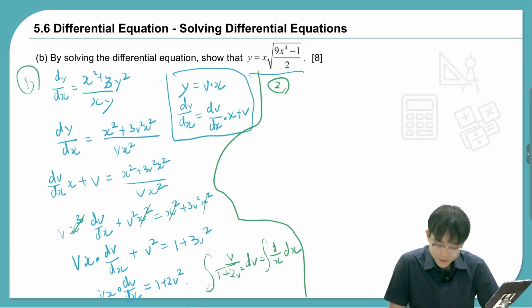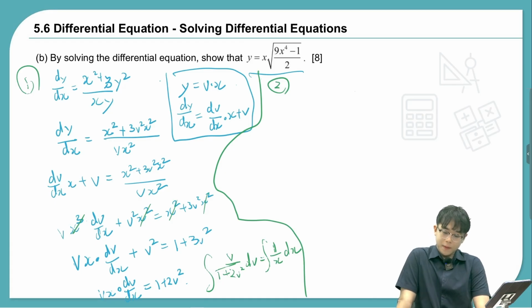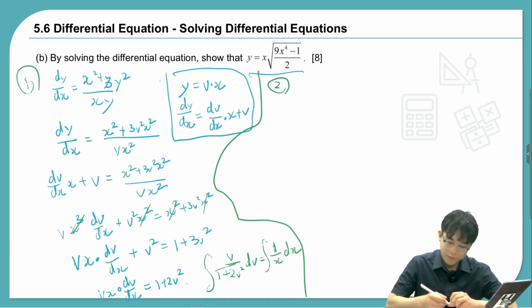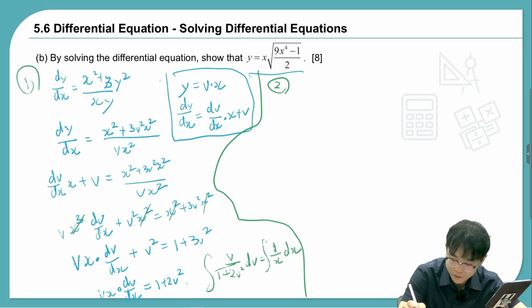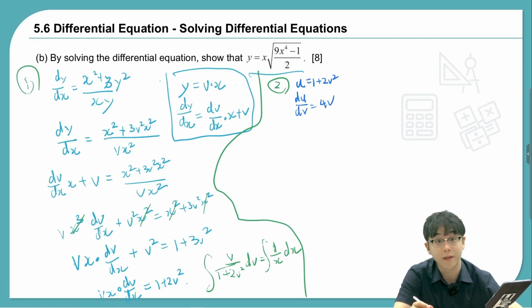So if we have 1 plus 2v squared in the denominator, we could try to substitute that out. What if we say u is 1 plus 2v squared? Then du over dv would simply be 4v, if we differentiate with respect to v.